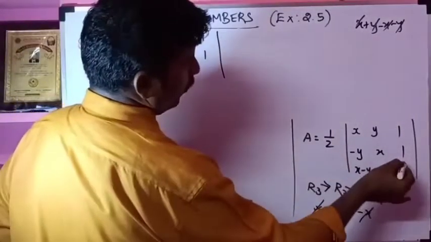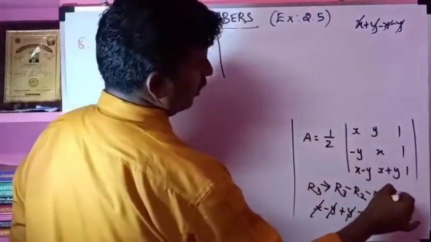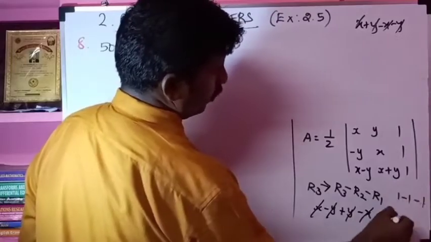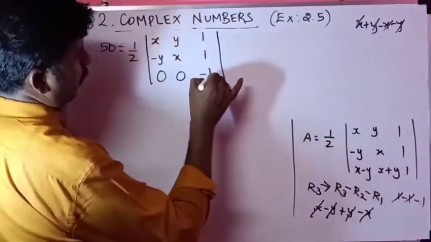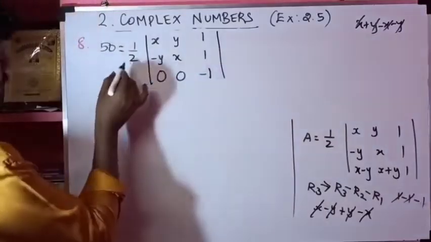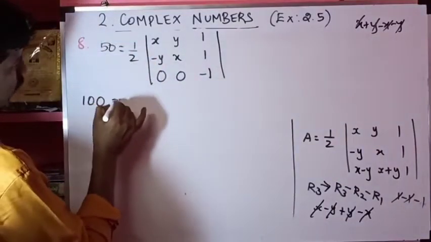Then 1 minus 1 minus 1 gives minus 1. இப்போ the 2 times 50, that is 100, is equal to the determinant.